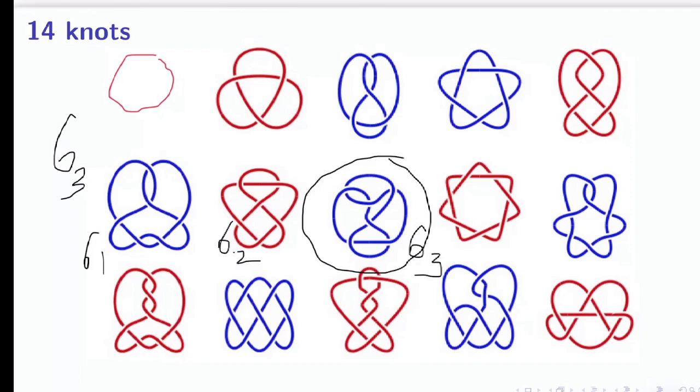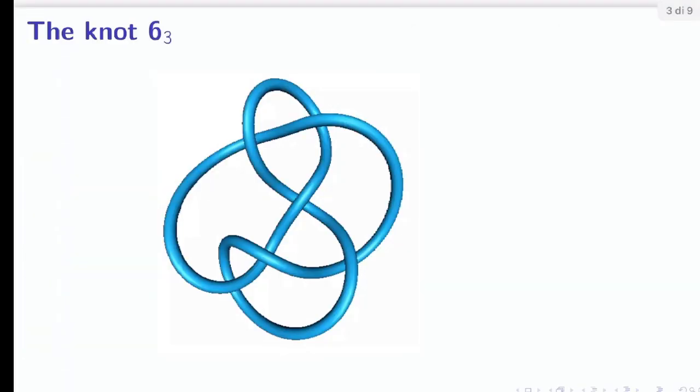Now I want to give you a bigger picture of this knot, a slightly different diagram, but it's equivalent to the one in the middle of that page. There's another visualization of the knot 6-3. Now this is really a knot diagram in the sense that you can see at each crossing which is the overpass and which is the underpass.